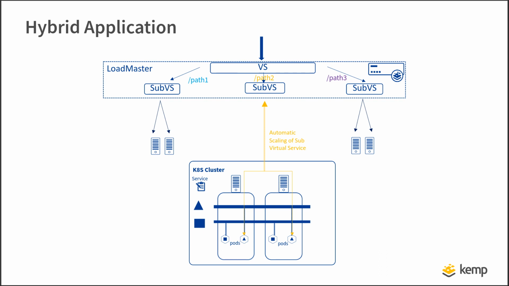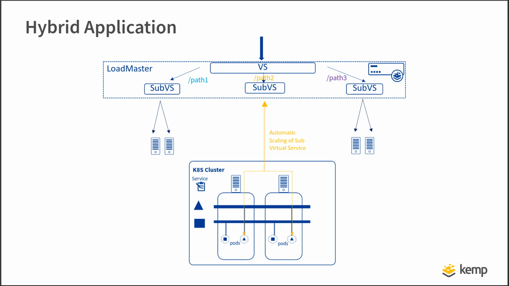So maybe elements of your application, as I mentioned, maybe your API or your shopping carts are still being managed through monolithic servers, but maybe other aspects need to be moved to a microservice architecture. So just in this slide, you can see it's very easy to do that with the Kemp Ingress controller. Specifically, we can set up a virtual service and send specific traffic to a sub VS that is configured in the traditional way.